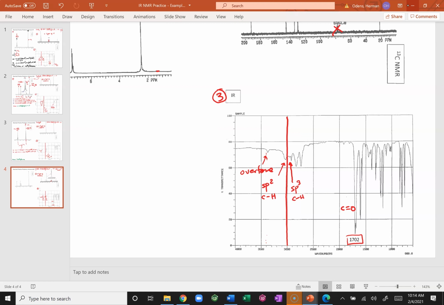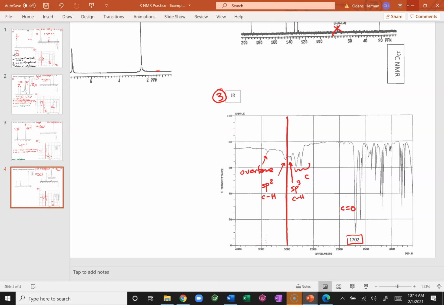sp3 CHs. All right, my favorite signal in the entire infrared world, the 2 horns. That's an aldehyde. That represents a CH stretch and a CH bend. That's why you get 2 horns. They're competing. So that's why you get 2 signals right there.